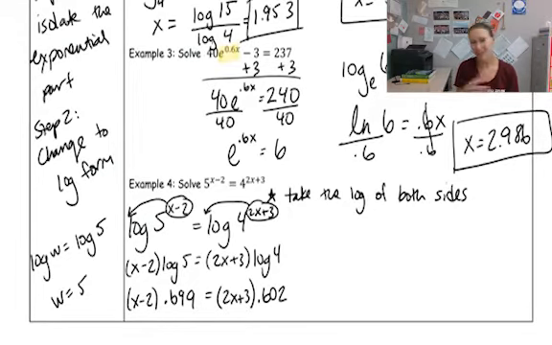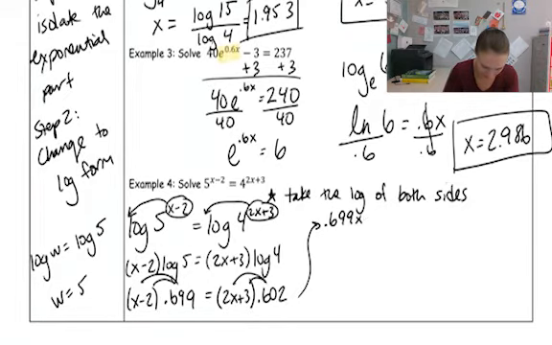And then I can just distribute these in. I know that this is going to be a little bit messy with all these decimals, but it's all right. We are going to end up with 0.699x minus 1.398 equals 1.204x plus 1.806.